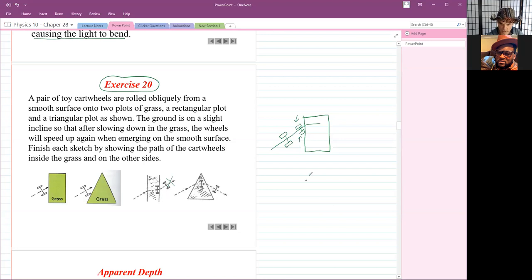But the one with the triangle is definitely a little bit more easy to see. So here I've got this cartwheel. And what's going to happen is this bottom wheel is going to hit the grass first. The top wheel is still in the, what is this, cement or whatever, still going faster.